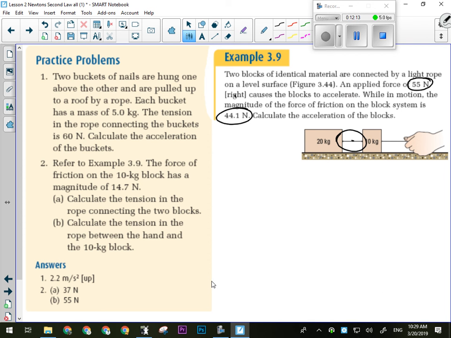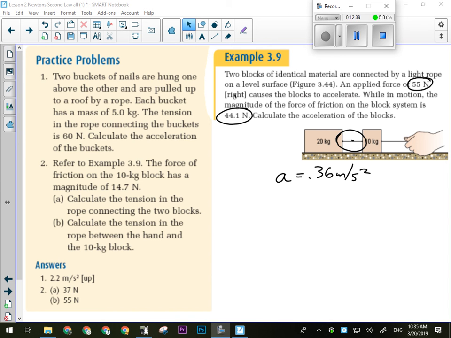We figured out in the first part that the acceleration of the system was 0.36 meters per second squared. What does that mean the acceleration of each box is? That can help you find out something about each box. If you break this up now into the 2 boxes, you can find something out about each box using that number.